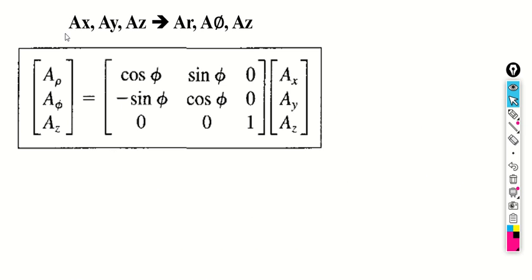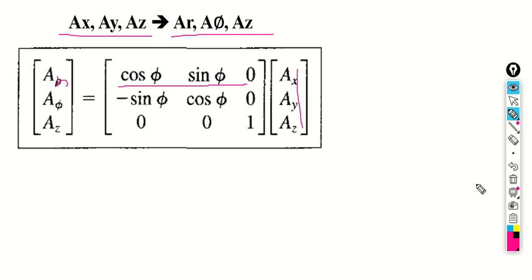So if I want to transform a unit vector from Cartesian coordinate system to cylindrical coordinate system, I will be getting here as AR, A phi, AZ. The components just we have seen, that is cos phi sin phi minus sin phi cos phi 0 0 0 0 1, because I want only the components. And here I will be getting AX, AY, AZ. So if I multiply my first row with the first column, what I get is Ax cos phi plus Ay sin phi. That is nothing but my AR.